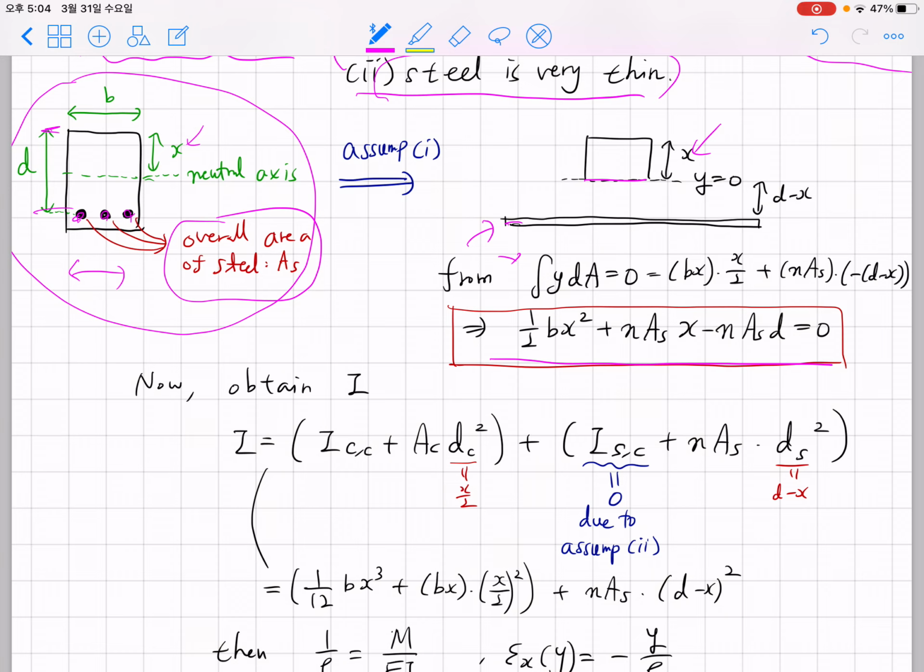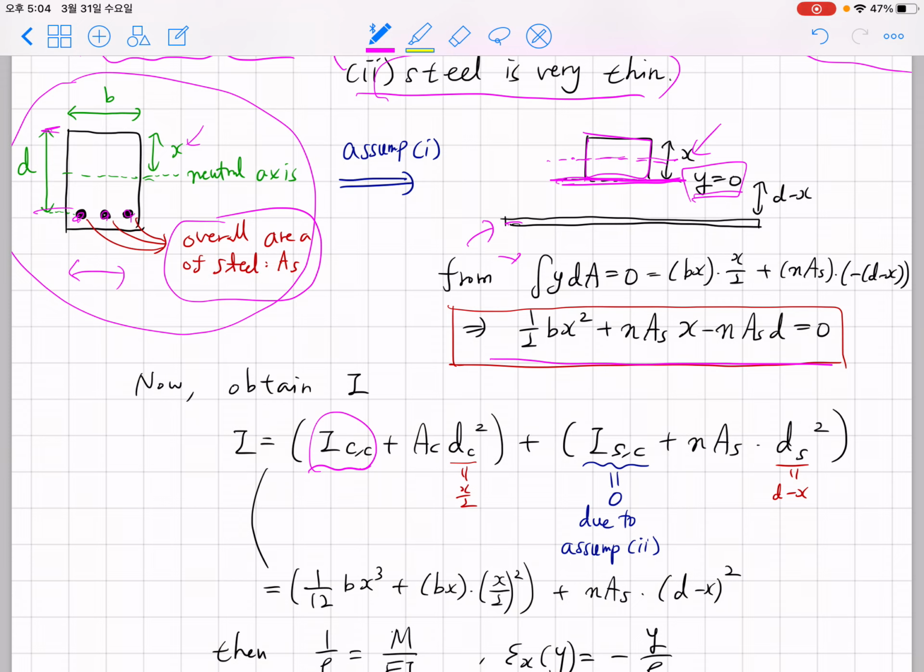After solving for x, we can set the y equals 0 position as the origin, and we have two sections. The first section has its centroid halfway, so we have the I of the first section with respect to its own centroid, which is the first term. Then we have to obtain the I with respect to our neutral axis.